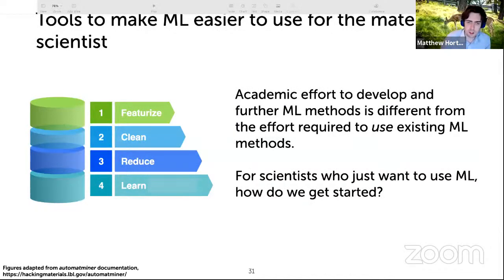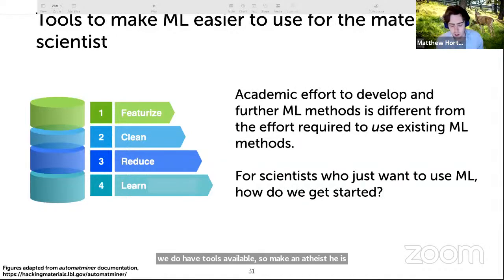We do have tools available to make ML easier to use for materials scientists. As I mentioned, I consider myself a bit of an outsider to the materials learning field. The academic effort required to develop new cutting-edge machine learning methods is very different from the academic effort required just to use a machine learning method for, say, a given data set.